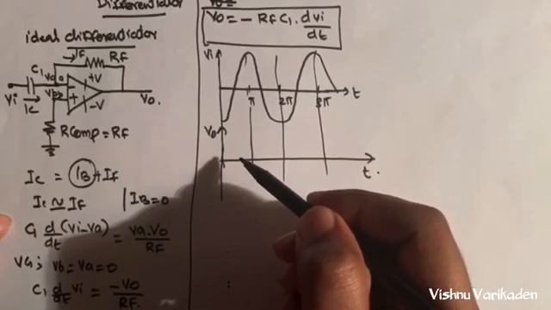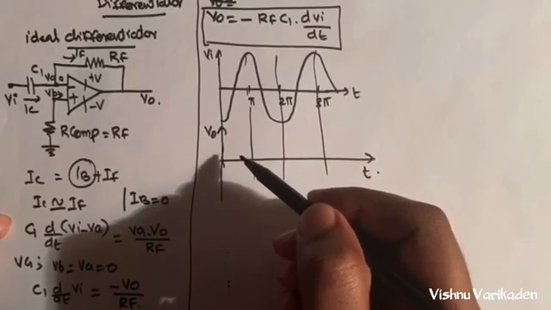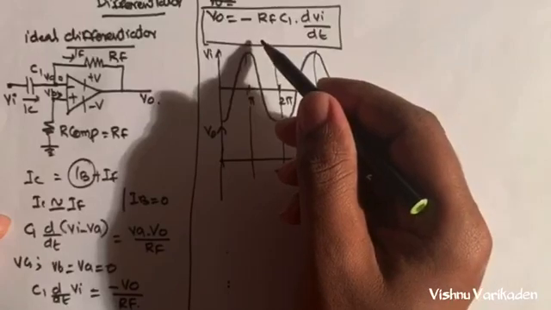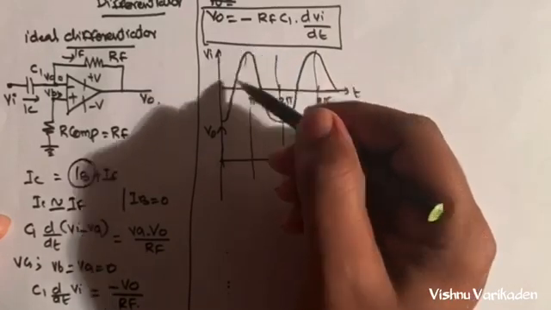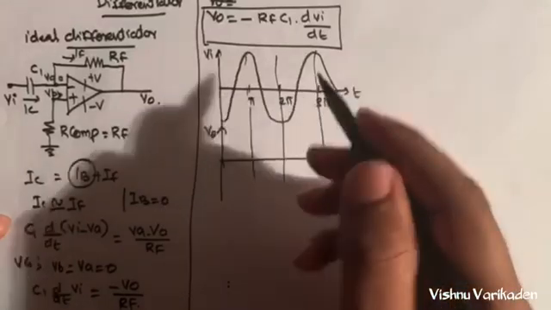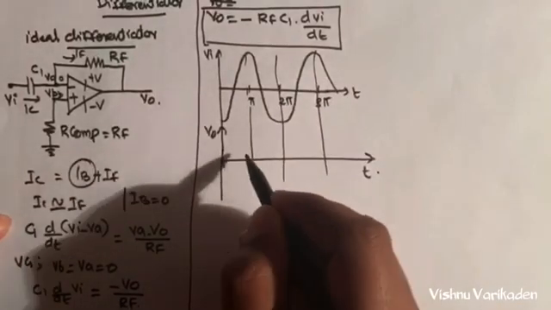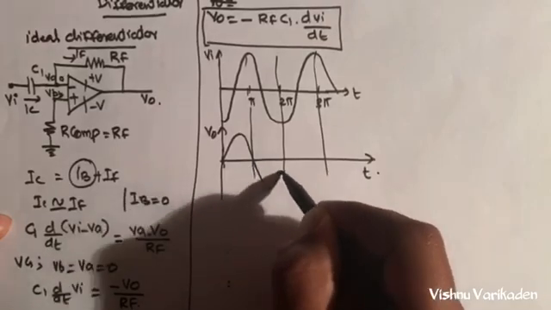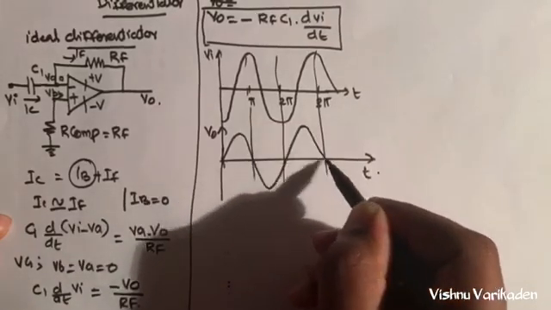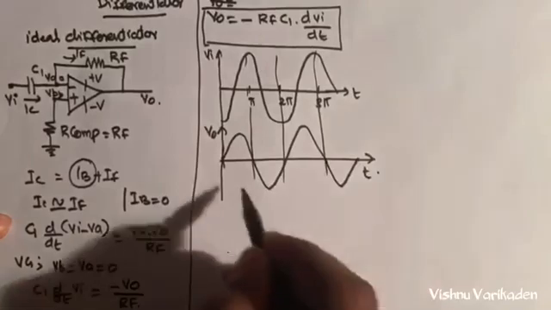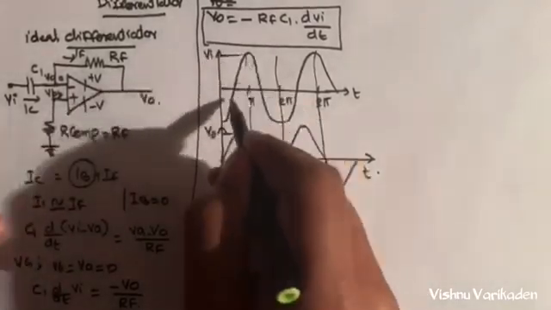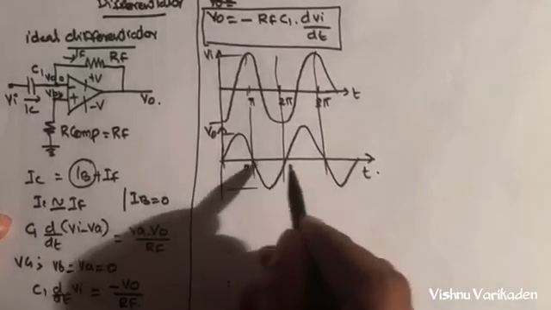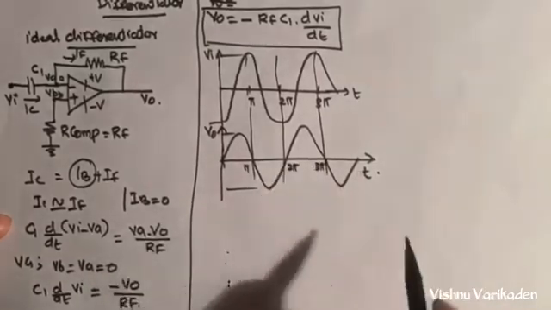The differential output is a sine wave, but there is a negative sign here. So negative will become positive. So we will get the output like this. The amplitudes are the same values. So this is pi, 2 pi and 3 pi.